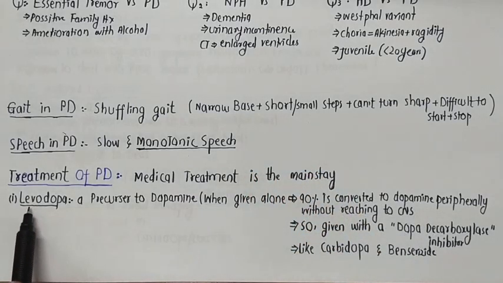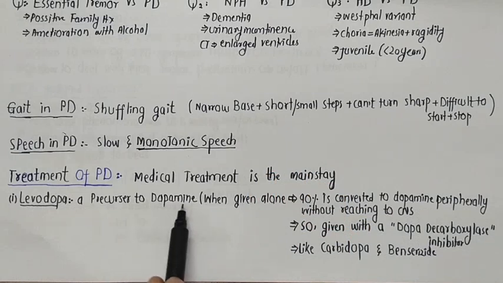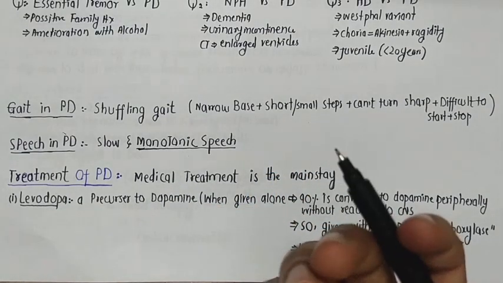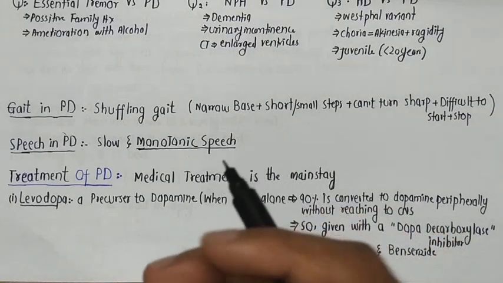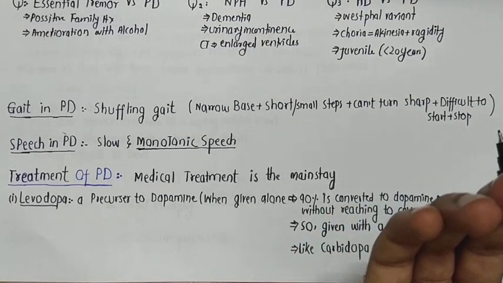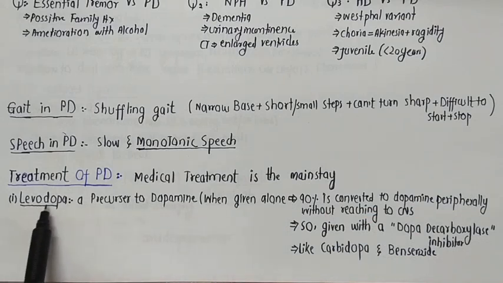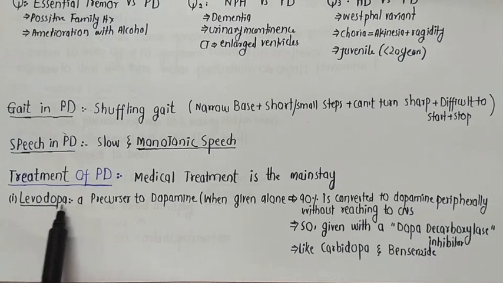We cannot give dopamine directly to the patient because dopamine cannot cross the blood-brain barrier, so it will not get into the central nervous system. Instead, we use Levodopa, which is a precursor to dopamine.